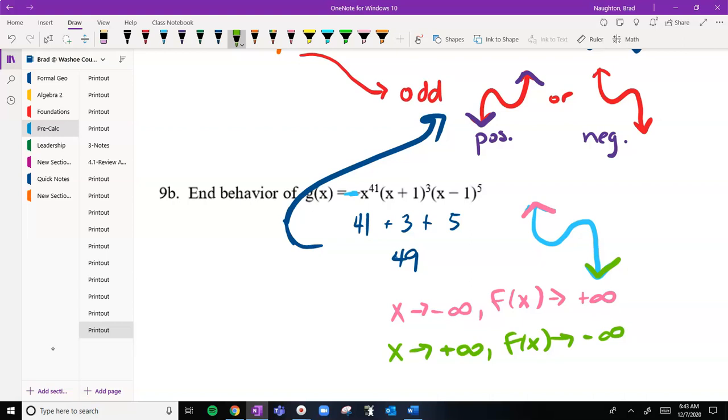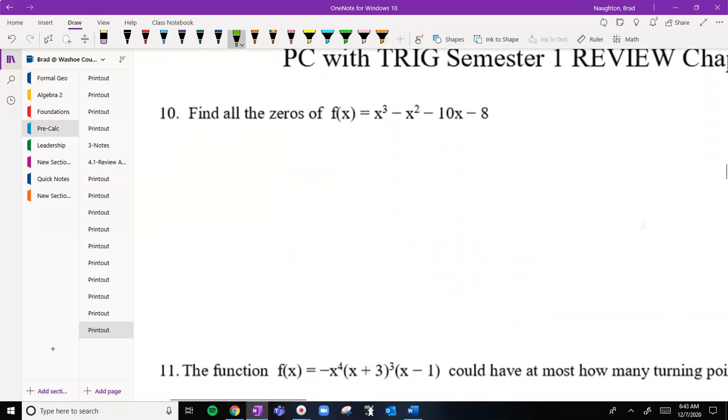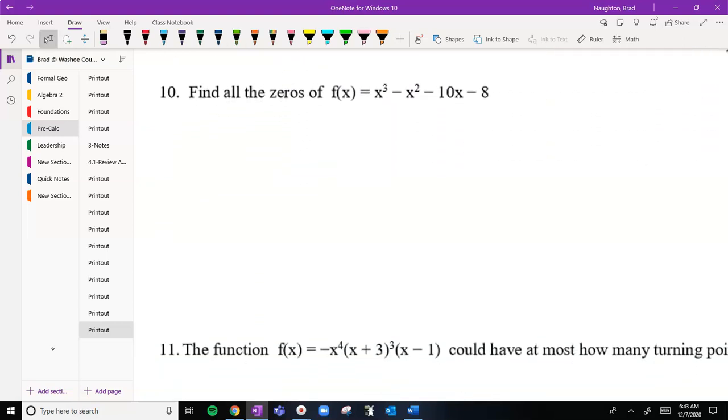All right. So ladies and gentlemen, we'll go ahead and find our zeros. As I mentioned previously, sports fans, you can find your zeros by where it crosses the x-axis. Technically, you can put this in the graphing calculator and see what you have, but I'm going to do it the old algebra way. The first thing you do is your P over Q's. Then you want to do your synthetic division.